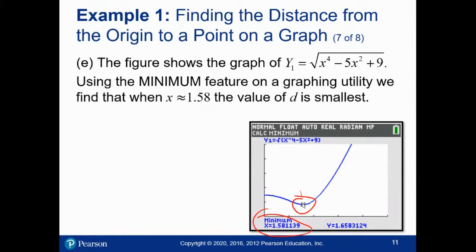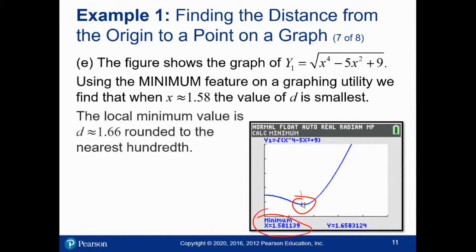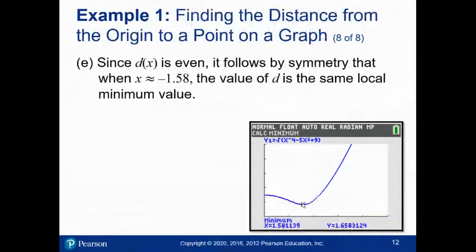Okay, and you could use a graphing calculator or a computer program to find that minimum. If you take calculus, you'll learn how to do it by hand. Also, d of x is an even function. Remember that this function d, which I'll just copy up here again, this was the square root of x to the fourth minus 5x squared plus 9.